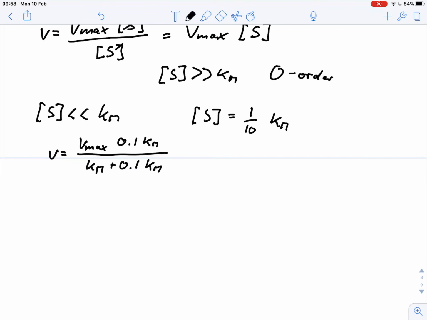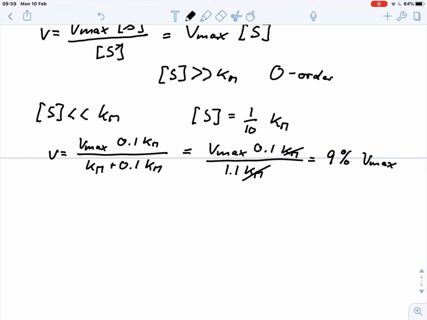Just substitute S. I can put that together: Vmax times 0.1 Km divided by 1 Km plus 0.1 Km, which gives me 1.1 Km. I can cancel Km, and I get roughly 9% of Vmax.